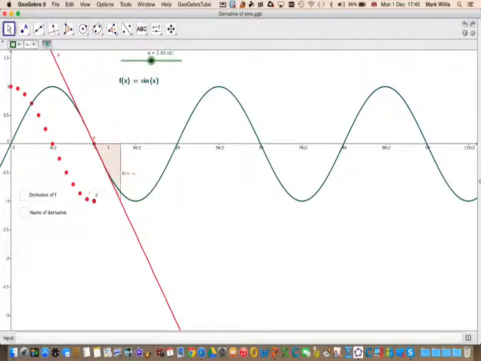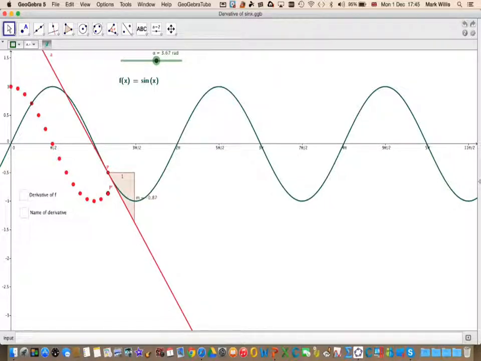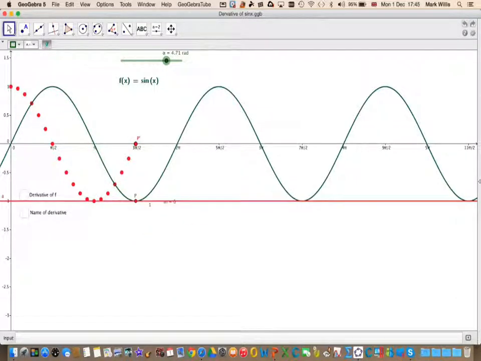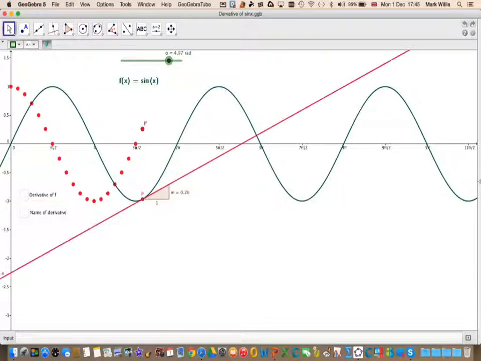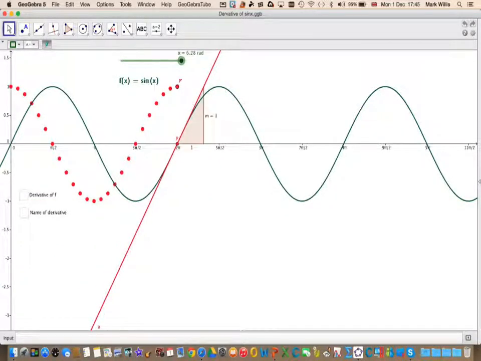You can explore this for yourself, and then it's going to be negative but not so negative, and then we've got this point, it's going to be 0 again, and then it's going to be positive like that. What is this function here?